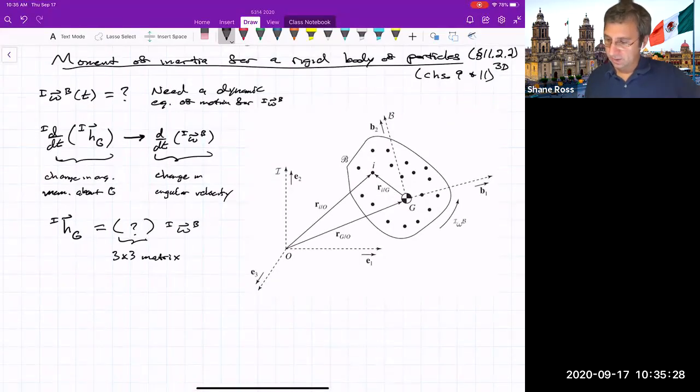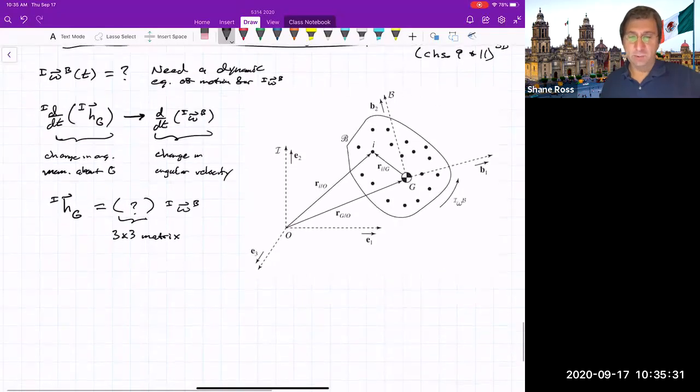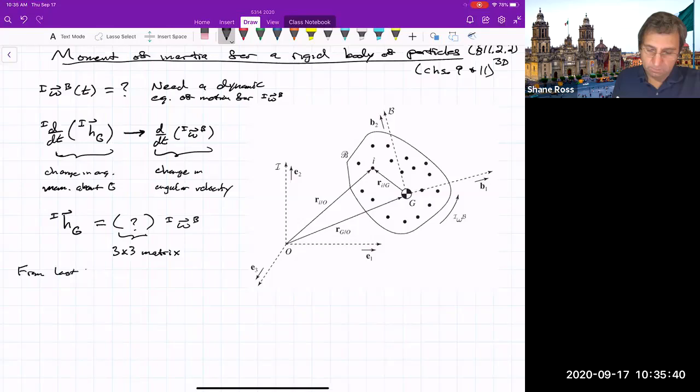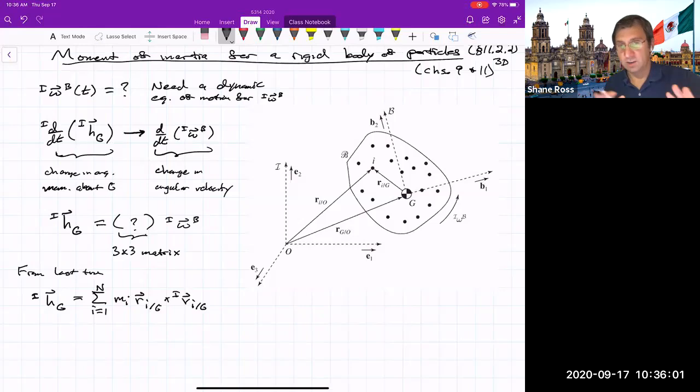There's our rigid body. All right, so if you remember how we wrote the angular momentum from last time, the total angular momentum of a collection of particles is equal to the sum, 1 through n, of m_i r_iG cross the inertial velocity. So we're using G as our origin. But now from up above, what did the transport equation give us?